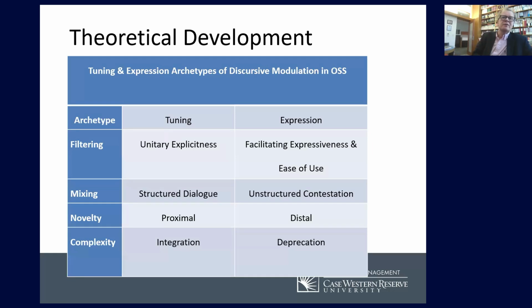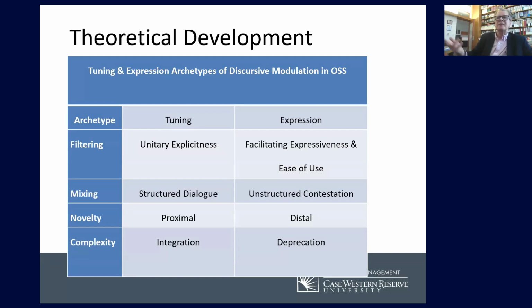Then you emphasize unitary explicitness, structured dialogue. You pursue proximal novelty, and you seek to integrate and be backwards compatible. That seems to be one way of evolving software. But the other one, expression, is largely the idea that you want to modulate in a way that the next expression is different.